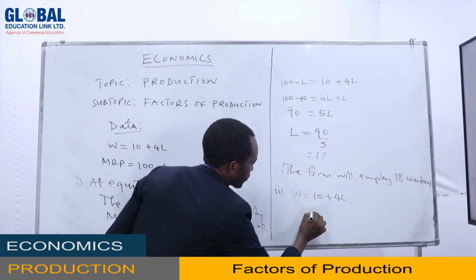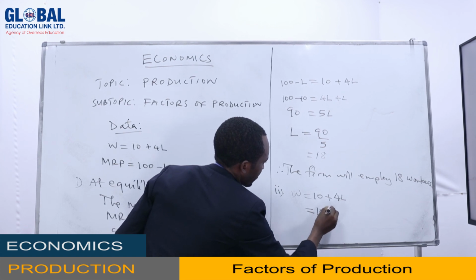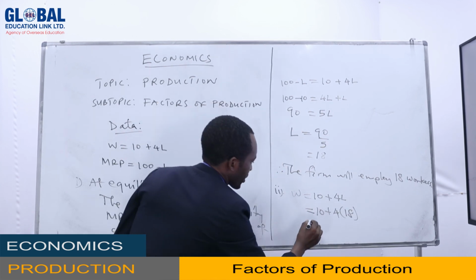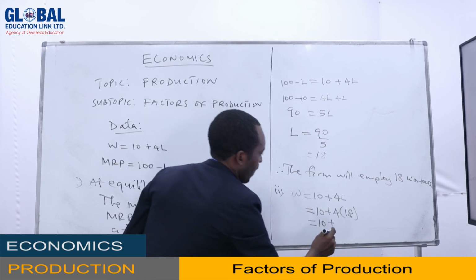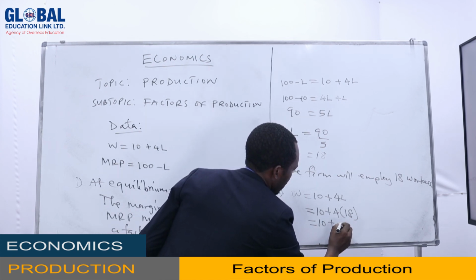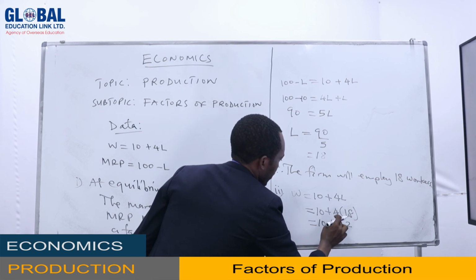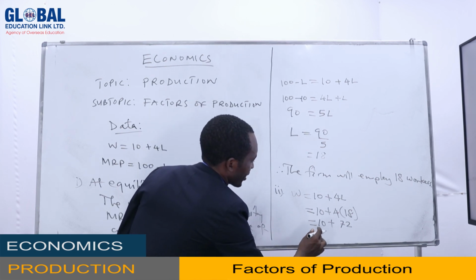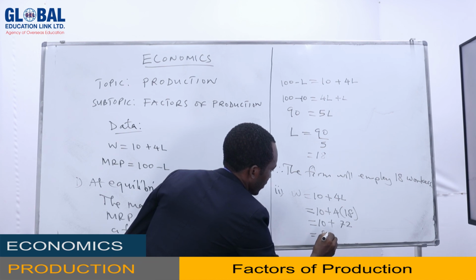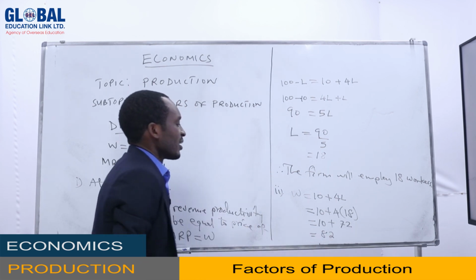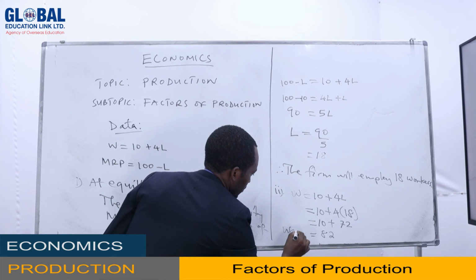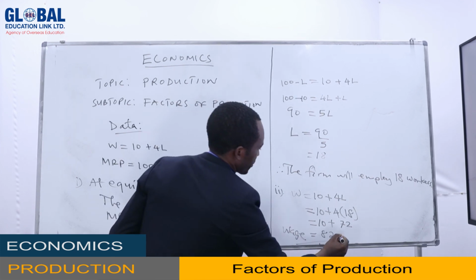So the wage will be equal to 10 plus 4 times 18, which is the same as 10 plus 72, when you multiply. So when you add 10 plus 72 will be 82. So the wage rate will be equal to 82 shillings.